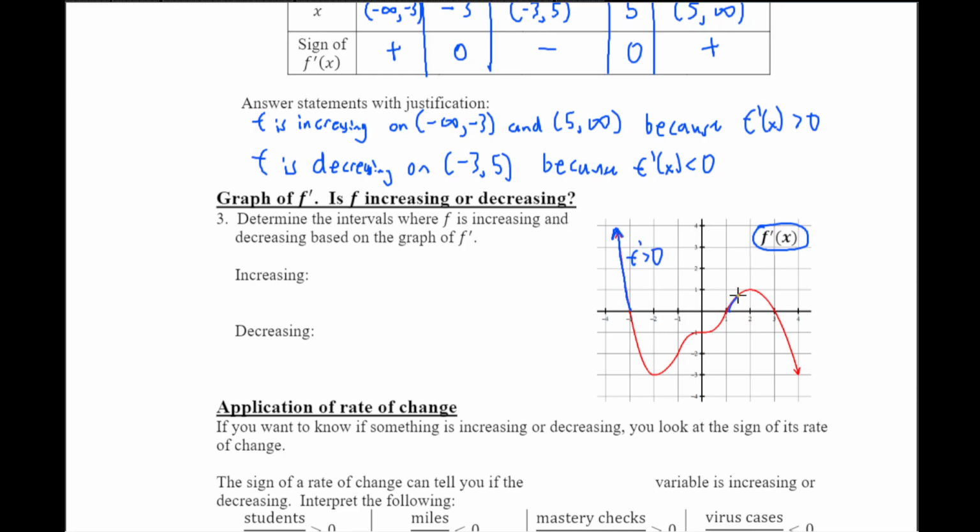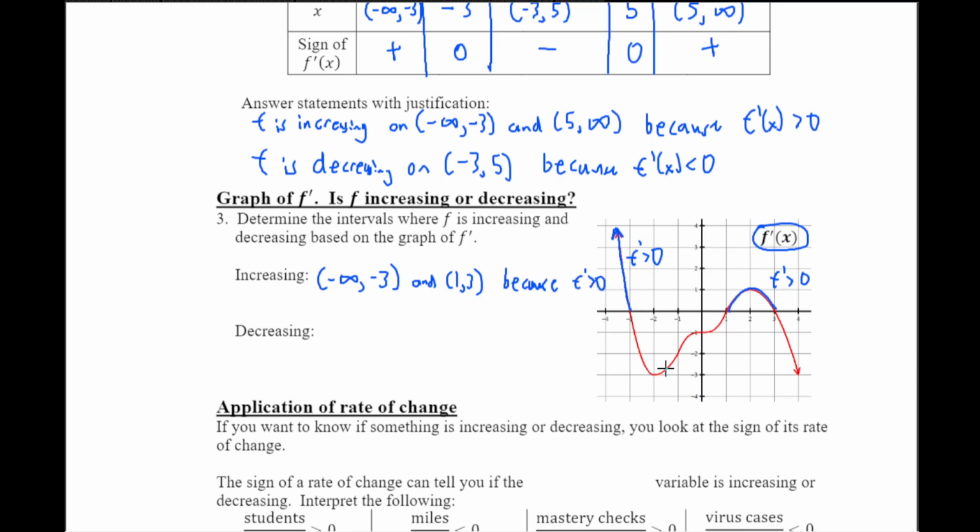And then you see right here positive because these are all above the x-axis. So increasing on the interval negative infinity to, is that a negative 3? And 1 comma 3 because f prime is greater than 0.